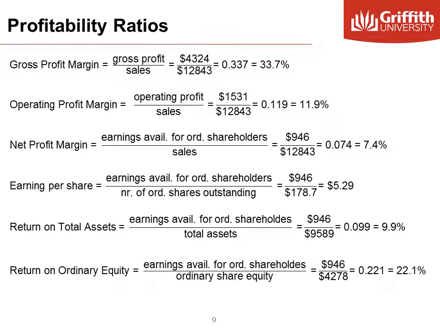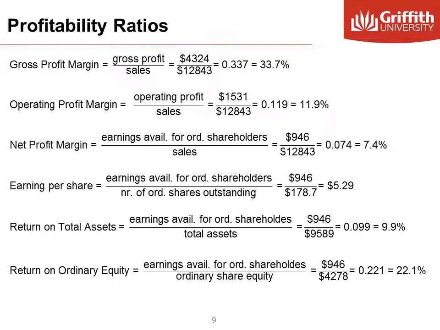The profitability ratios show us how efficiently the firm manages its operations and how efficiently it uses its assets to derive the profit. Depending on the measure of income, you have gross profit, operating profit, or net profit margin. Let's look at the operating profit margin, which is a measure of operating efficiency.